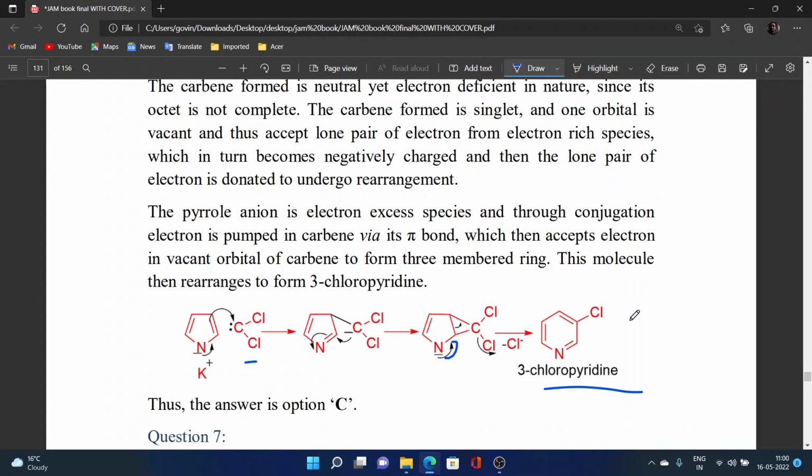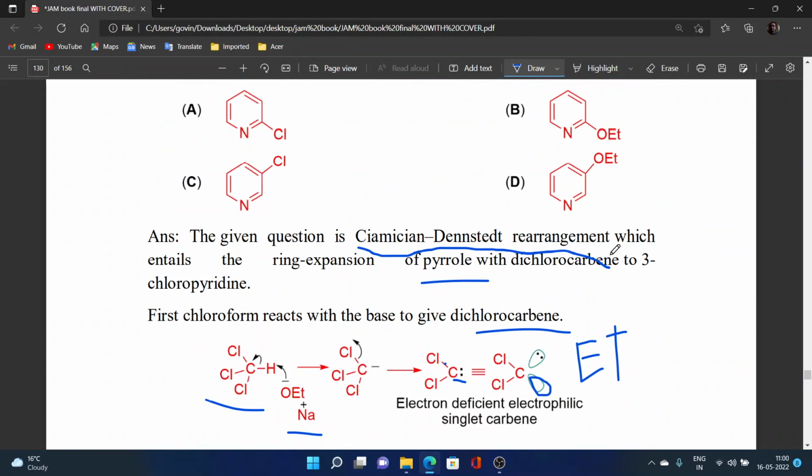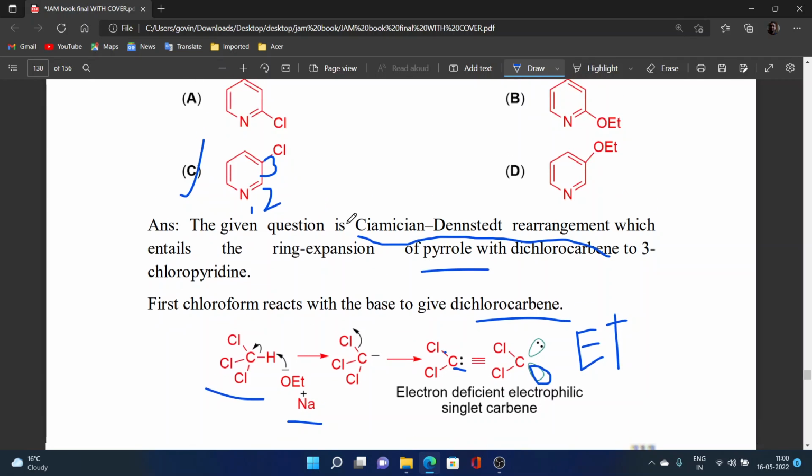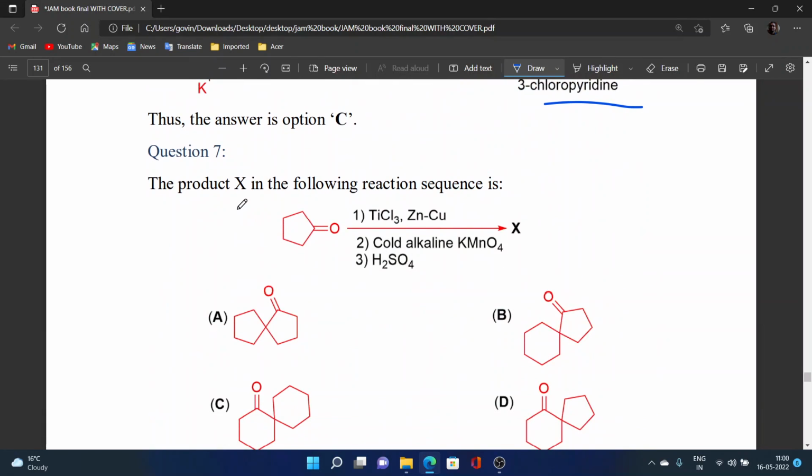So this is a famous reaction. The answer is option C. You get 3-chloro, this is position 1, this is position 2, and this is position 3. We generally don't use meta for pyridine because it's not a substituent on a benzene ring, it's a pyridine, so we say 3-chloropyridine.